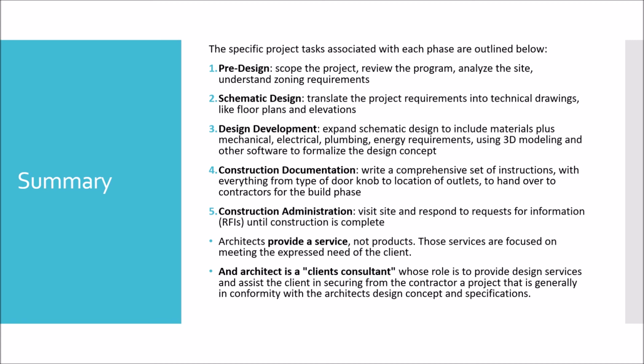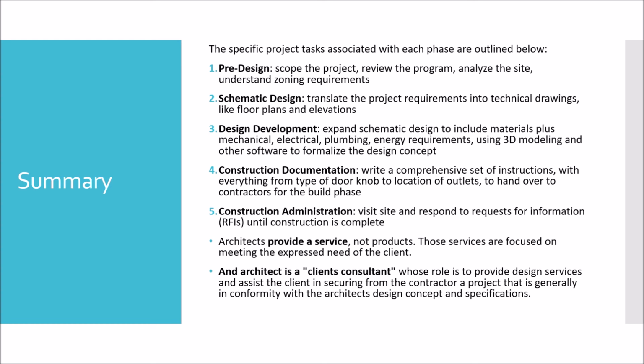The third is design development. Expand schematic design to include material plus mechanical, electrical, plumbing, energy requirements, using 3D modeling and other software to formalize the design concept. The fourth step is construction documentation.